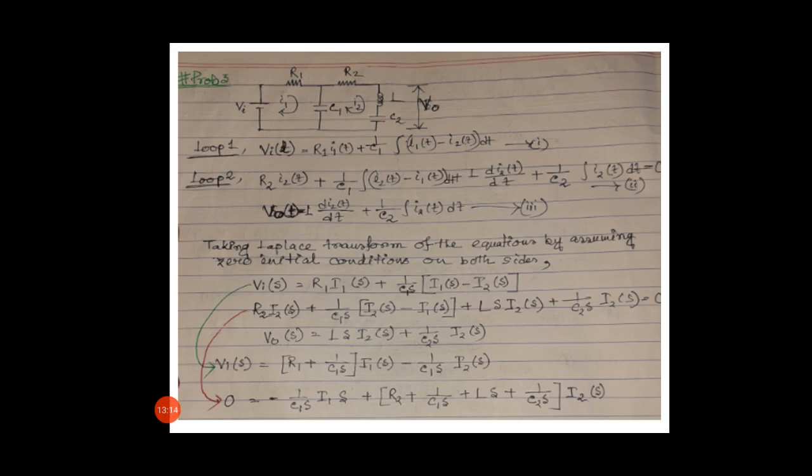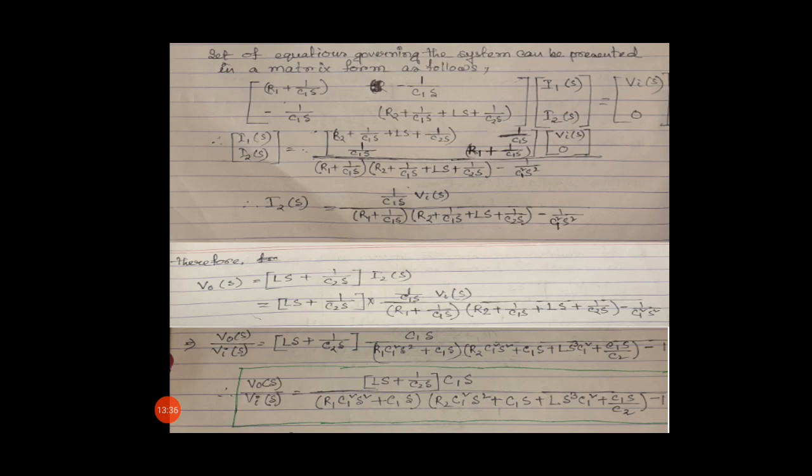Now I am taking I2(s) common from the second equation. So this equation is expressed in this way: 0 equal to minus 1 by C1s into I1(s) plus (R2 plus 1 by C1s plus Ls plus 1 by C2s) into I2(s).